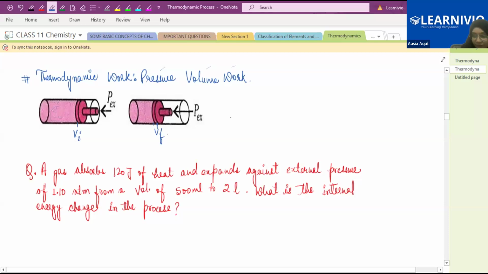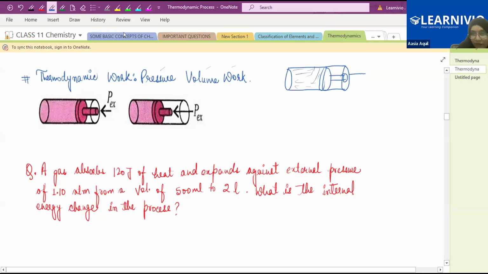And suppose, okay, let's draw this like this. Suppose this is a piston. These are your particles.